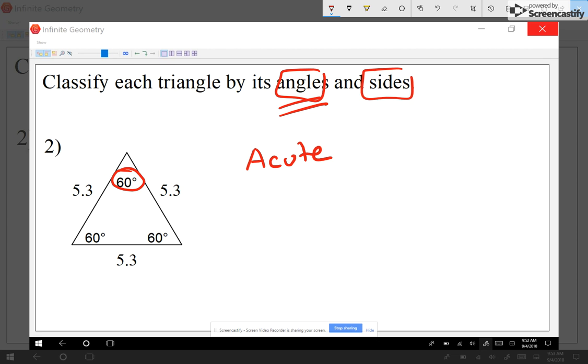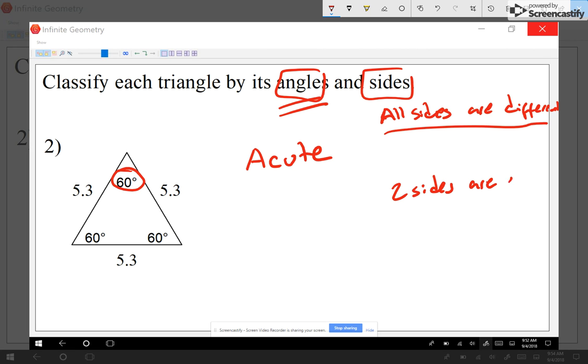Now, when it comes to sides, there's three cases. One of the cases is that all the sides are different. Another case is that two sides are equal. And the third case is that all three sides are equal.